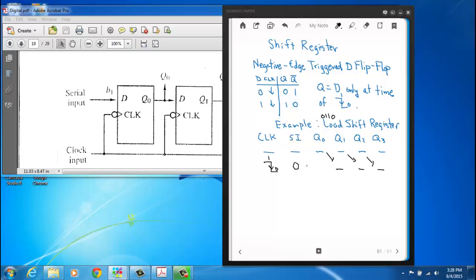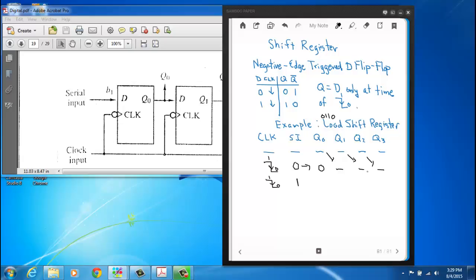And then Q0 is going to equal the serial input data. So you see all these don't cares shift over one place, and then the serial input data comes into Q0. Continuing on, the next thing we need to do is make the serial input equal to a 1, and then clock the register a second time.